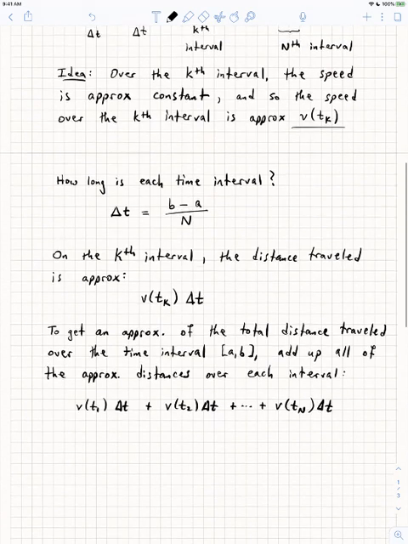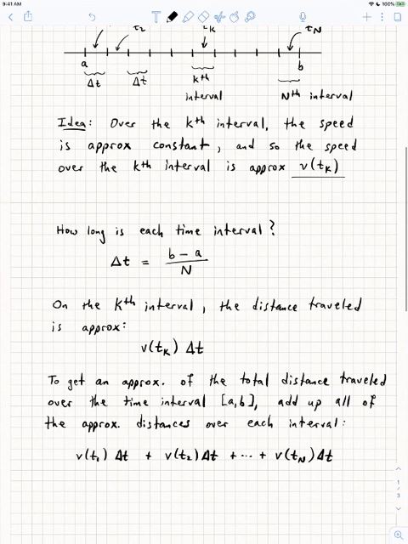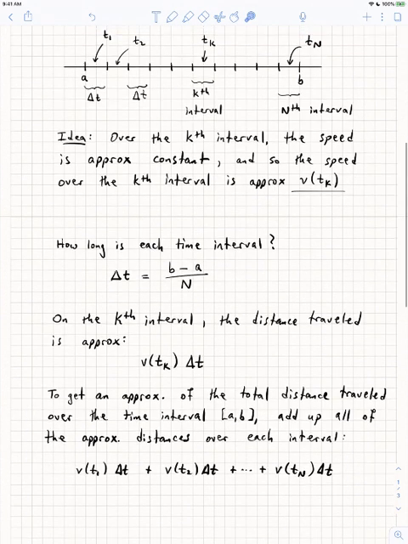So again, if we look at our interval, you see that t1 is some time within the first interval. Any time will do. You could pick the right endpoint or the left endpoint or the midpoint or any point within there. And that's going to be our representative time. So if we compute the speed at t1, that tells us that over this first interval, we're going to be traveling approximately that constant speed v at t1.